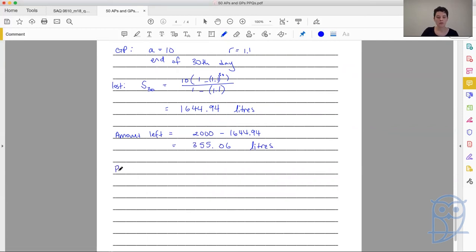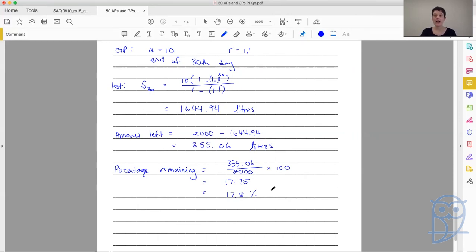So percentage remaining equals 355.06 over the original 2000 times 100 to get the percent. This gives us 17.75. No instructions, so we round to three significant figures, 17.8%. And that's our final answer.